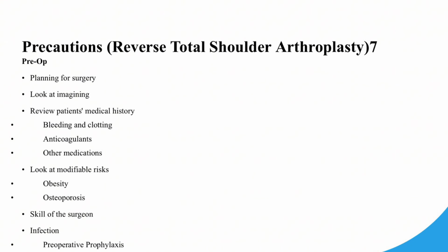And then for some precautions for the reverse total, from an article that I found, you want to make sure that the patient presents with proper indications that they can actually plan for this type of surgery, especially when we look at different imaging for diagnosis, like MRIs, X-rays, things like that, because if there's not enough imaging, this can lead to challenges in being able to incorporate the surgery.